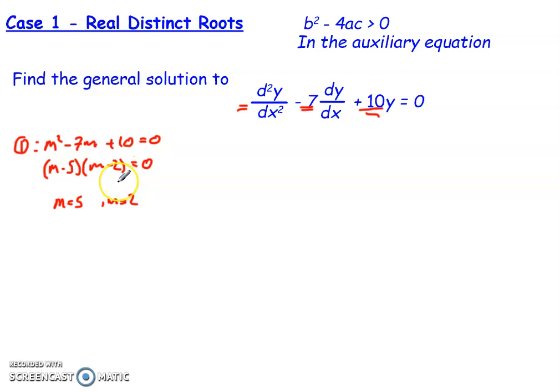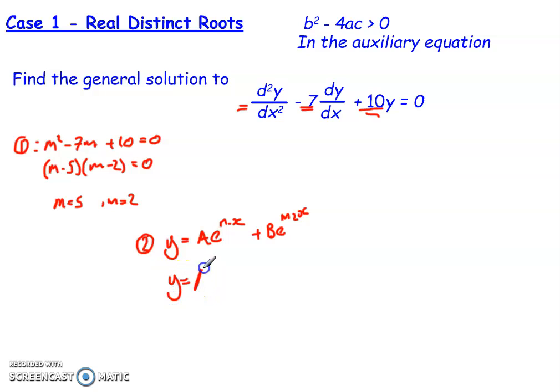And what I can then do is substitute it in and actually get my solution. So that's the second stage. Substitute it in because I know that y equals a e to the m1x plus b e to the m2x. It doesn't matter which way around you put your m's, as long as you put them both in.